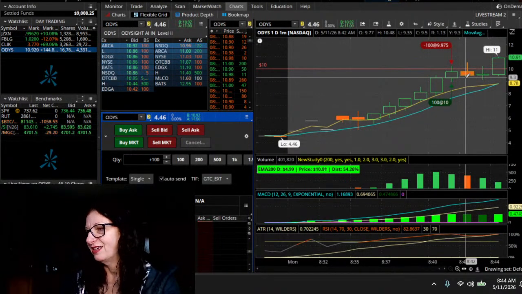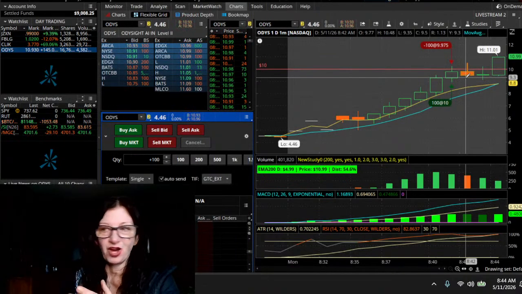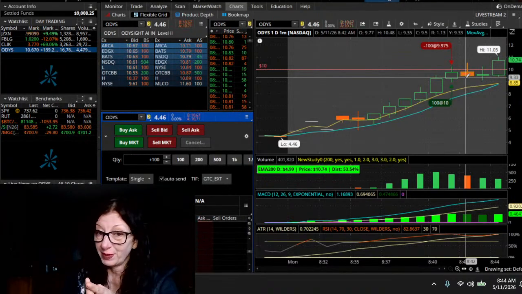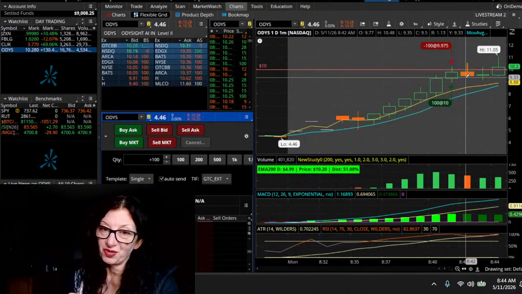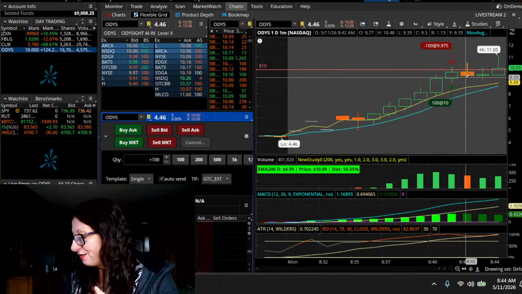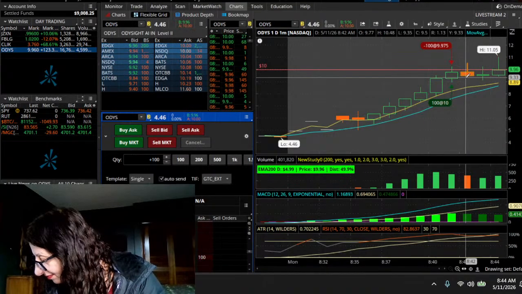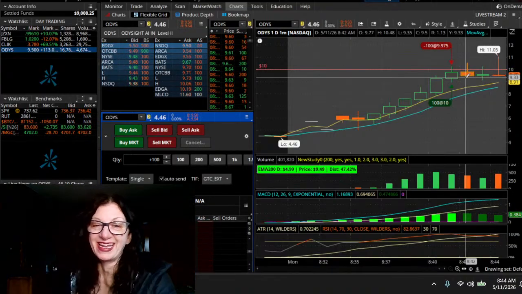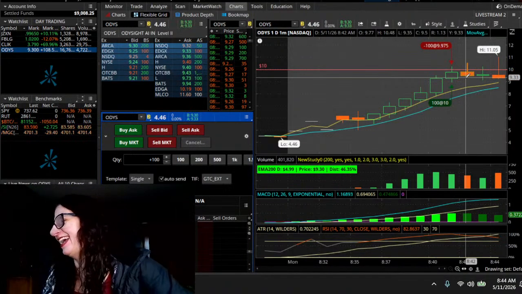Look at this. I think I'm the only person on the planet who got a red trade on ODYS, but I can't get back in. It's over my price limit, and also I'm in a timeout right now. You got schwabbed. That's what he kept saying, you got schwabbed.